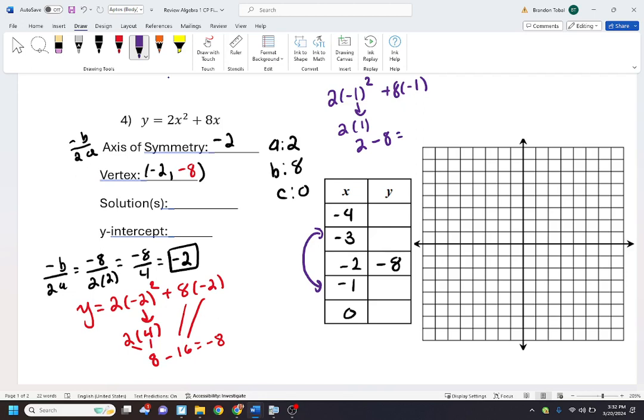How is that not -4? -2 times -2 is 4 because it's squared, so you do -2 times -2 first.